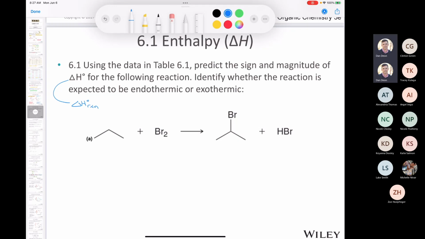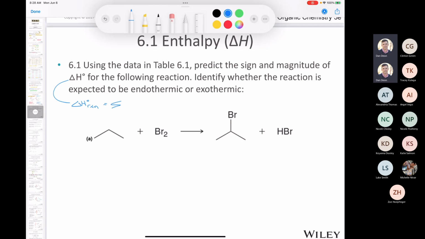Well, I'm going to write out the more complete form of the formula, the form that you would have seen in General Chemistry 1 and 2 that you probably use most of the time to calculate the delta H of the reaction. So maybe, let's write it like this.